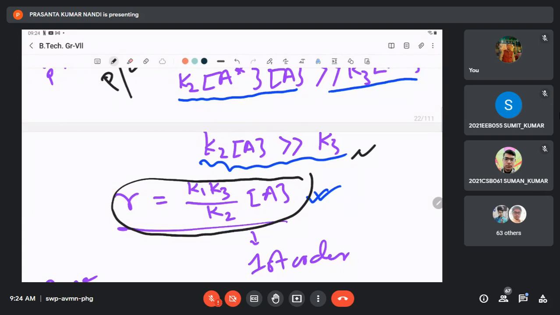What is the restriction? The rate of deactivation is much larger than the rate of decomposition. This situation arises when the pressure or the concentration of A is larger in the reaction. And we see the overall rate equation seems to be first order.